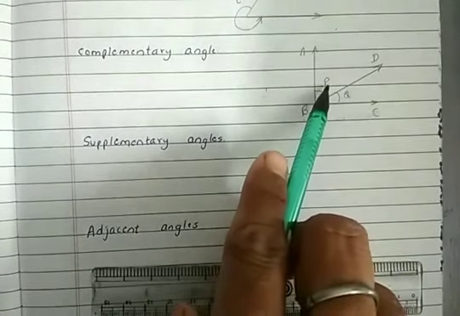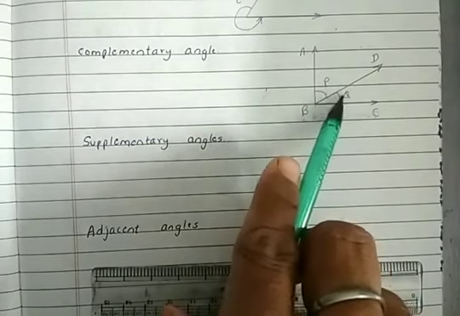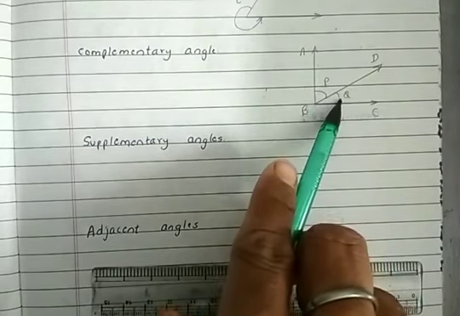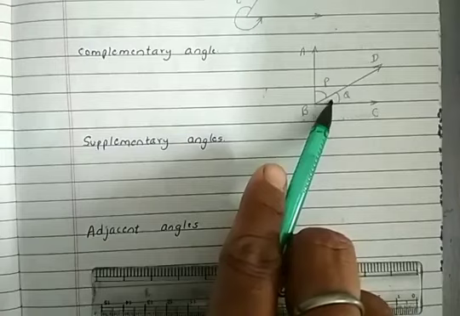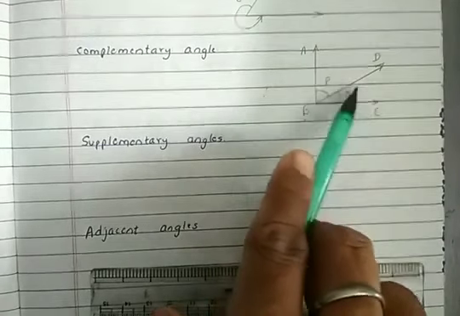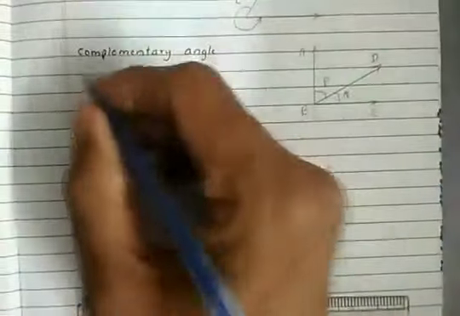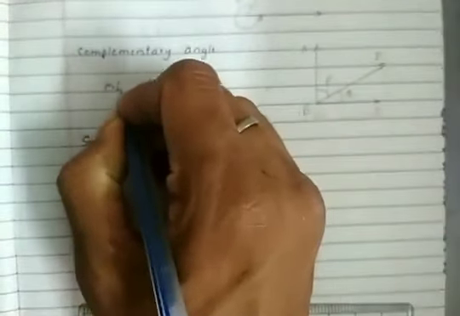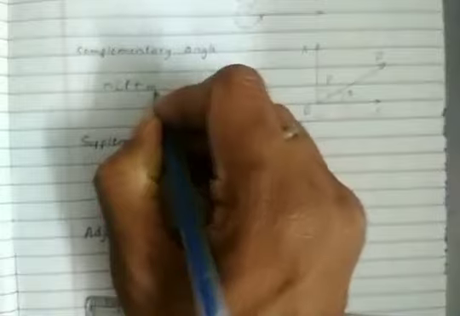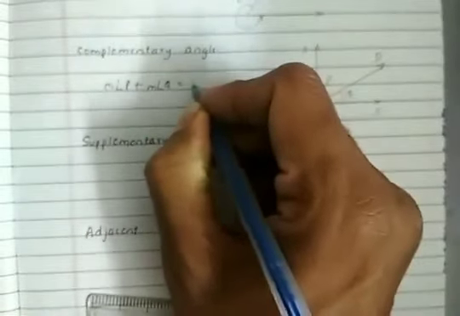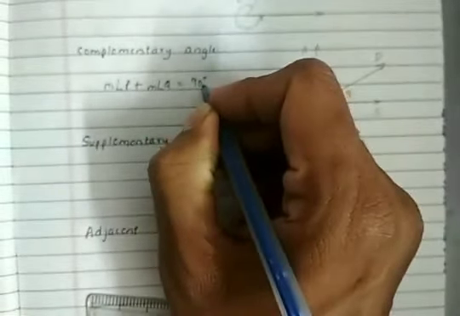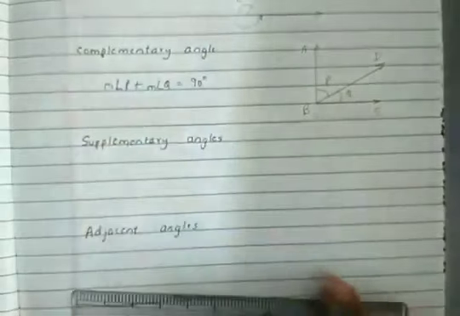Here the sum of angle P and angle Q will be 90 degrees. Then these both are called complementary angles. Right? Here I will write it down. Measure angle P plus measure angle Q equal to 90 degrees. Then they are called complementary angles.